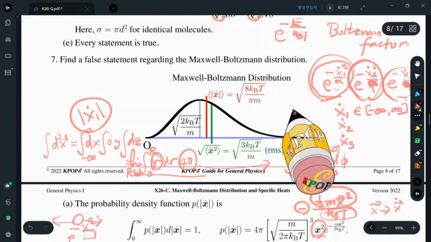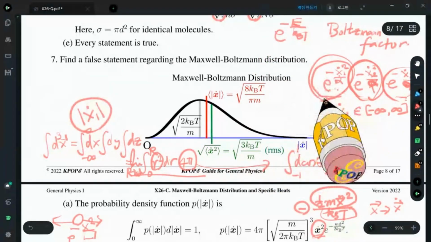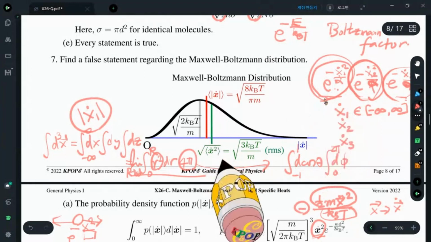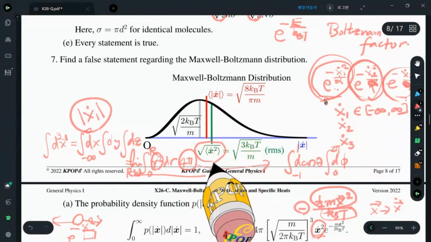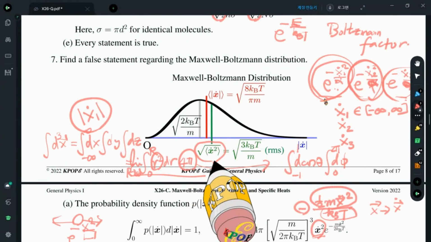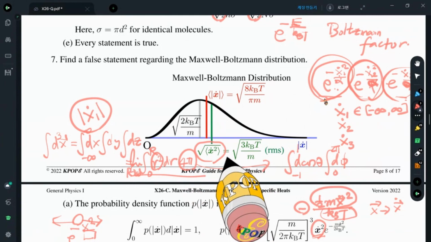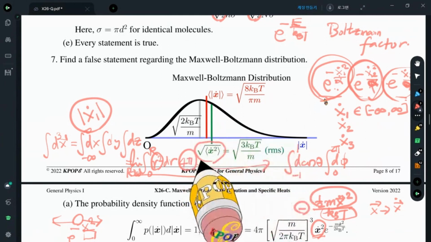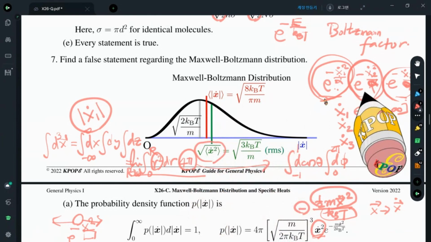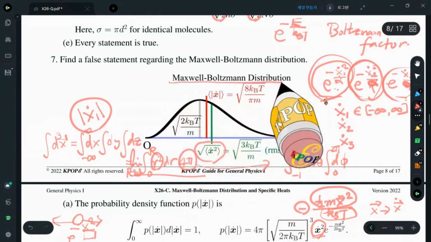In the previous class, we computed the RMS value for a molecule using the ideal gas equation. And this is exactly reproduced from this model called the Maxwell-Boltzmann distribution.